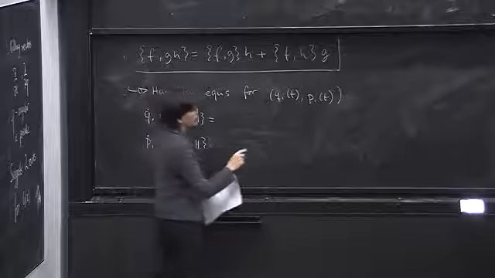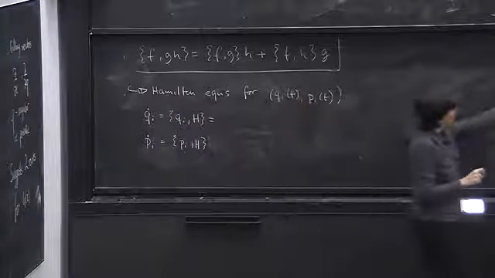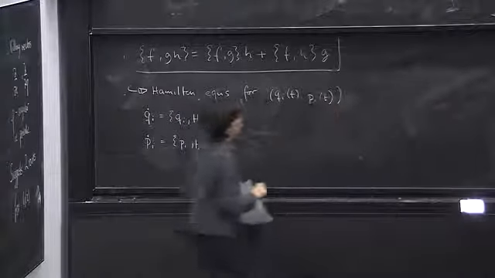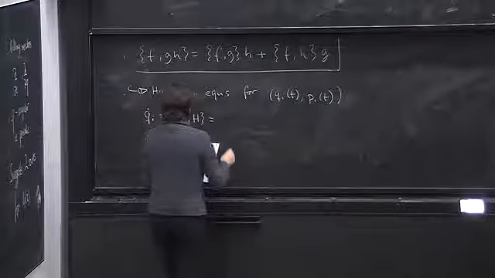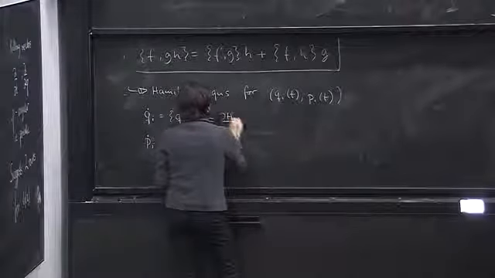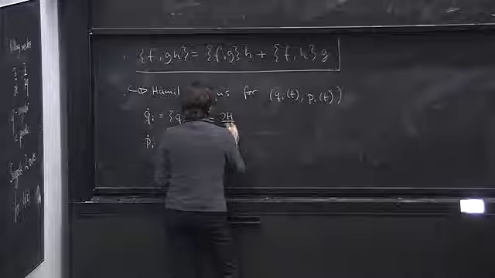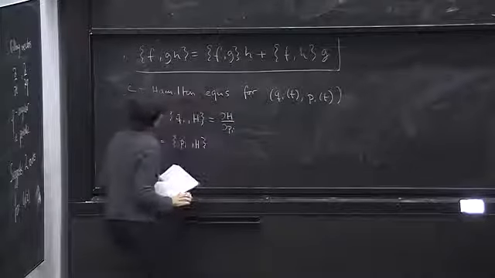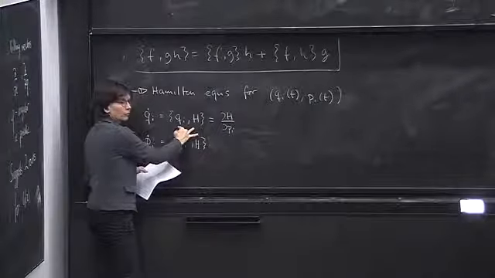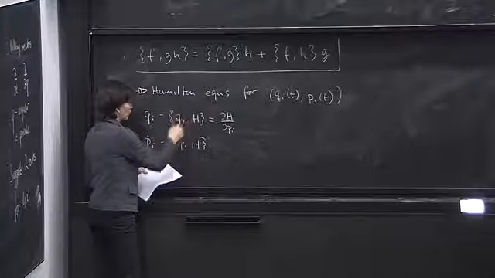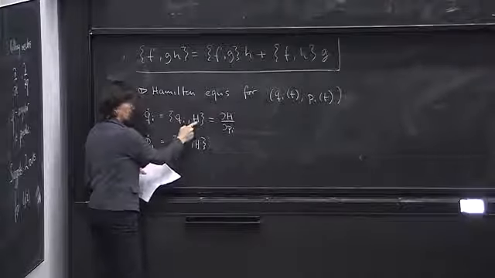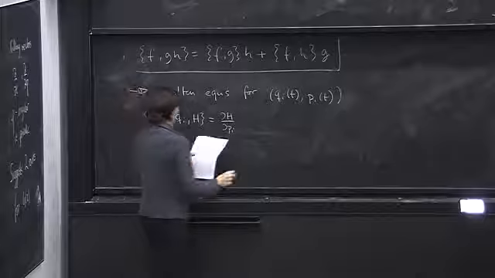Now, if you plug in this definition above in terms of the partial derivatives, you see immediately what this amounts to. This is just the partial derivative of H with respect to Pi. Of course, you get only one contribution, because the partial derivative sees this Q and sees the P dependence here.